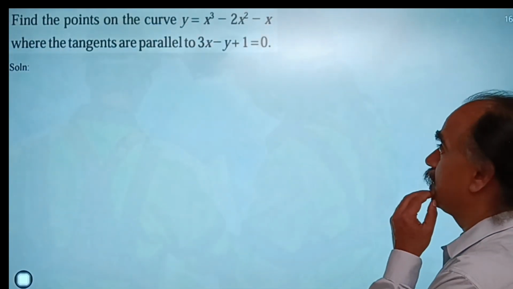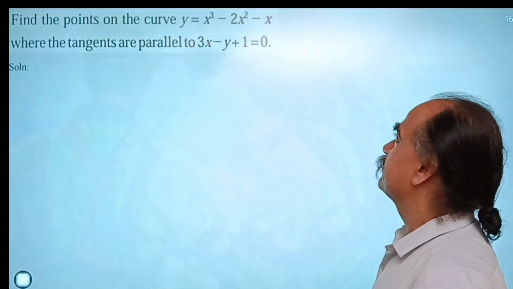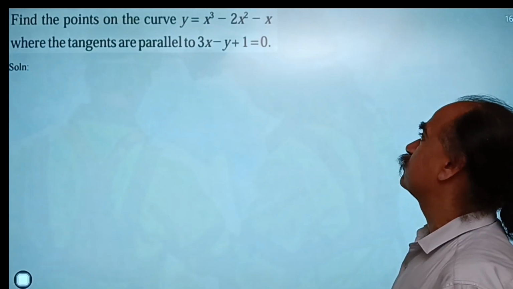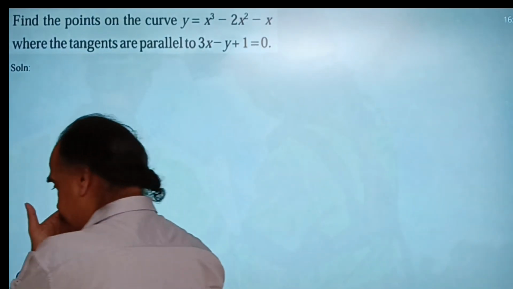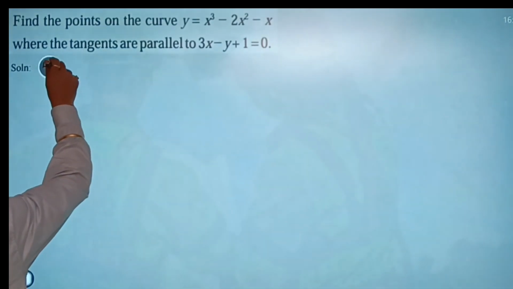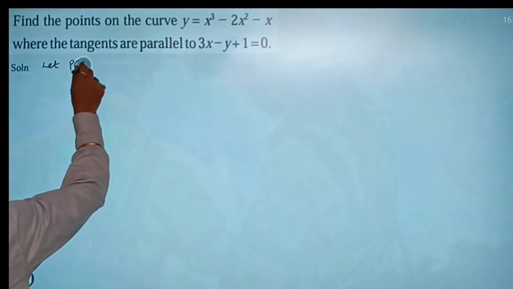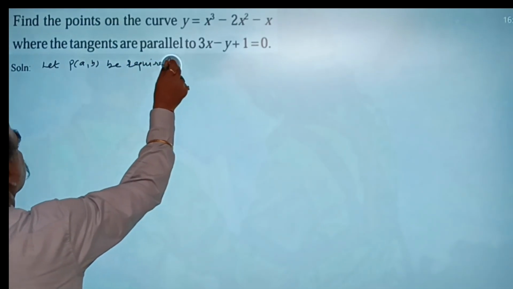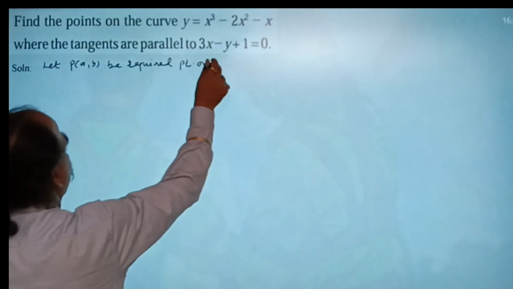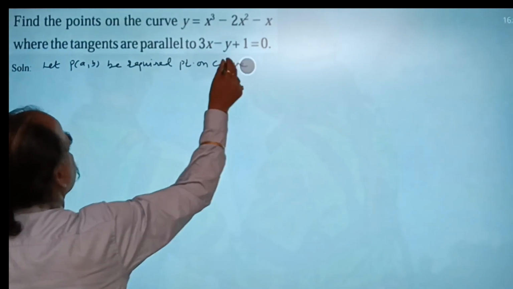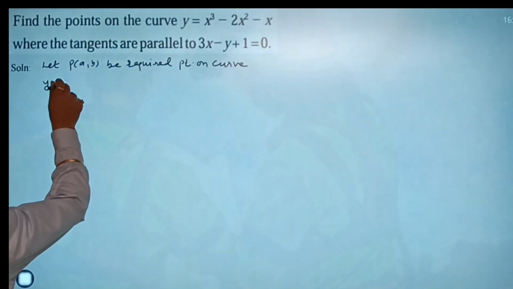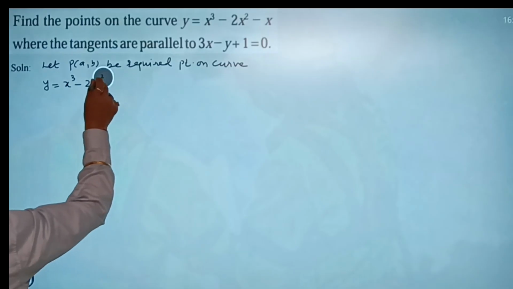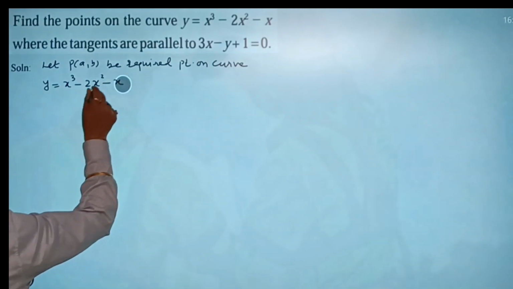Exactly the same way, we find the point on the curve y is equal to x cube minus 2x square minus x, where the tangents are parallel to this line. Let P(a, b) be the required point on the curve y is equal to x cube minus 2x square minus x.